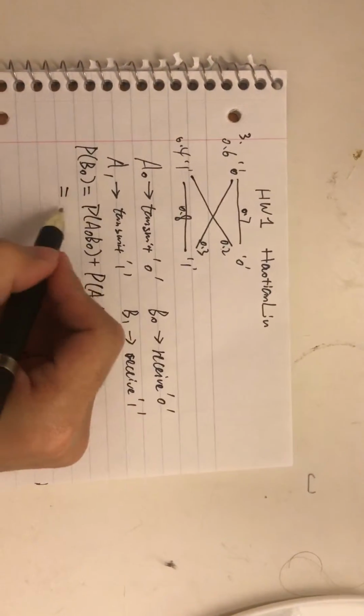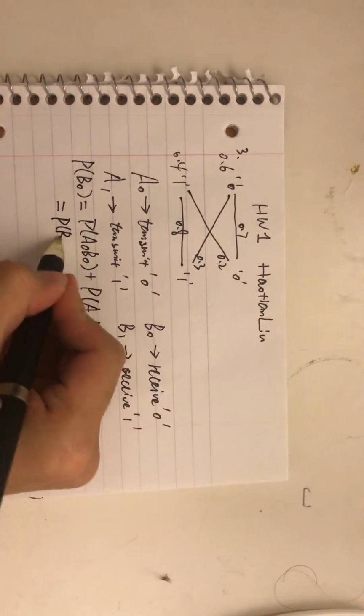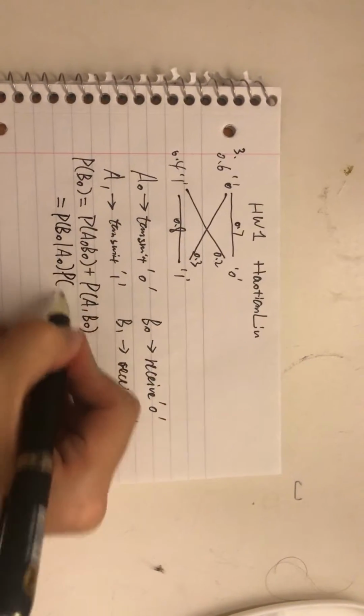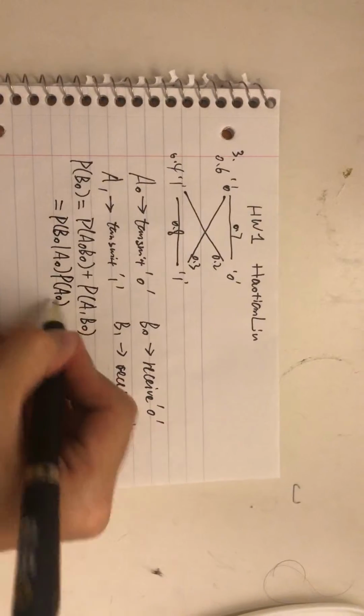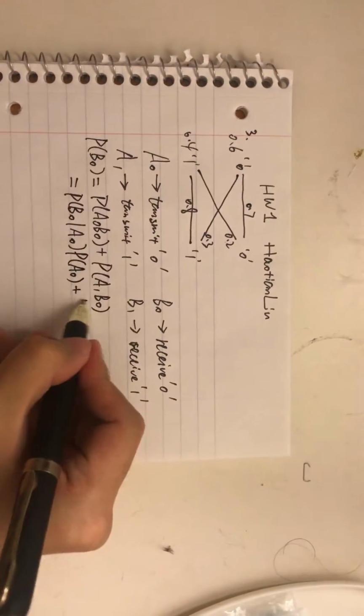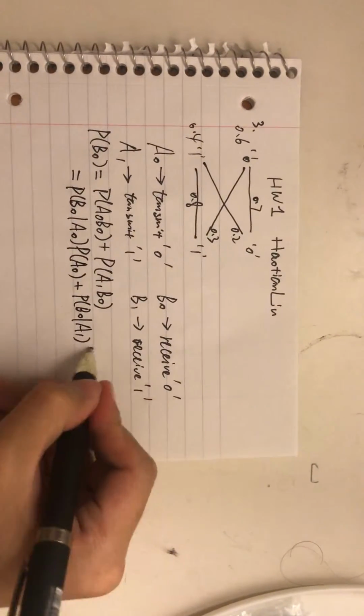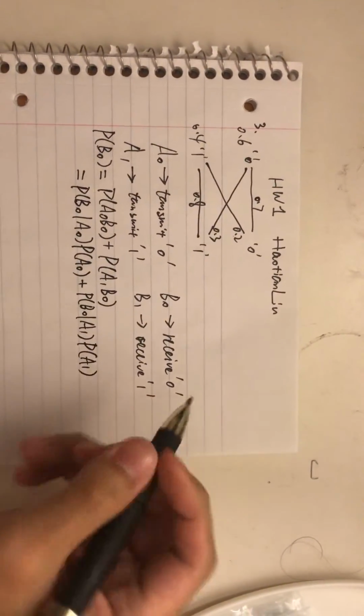So we use the definition of conditional probability, which is B0 given A0 times the probability of A0, and the other one is B0 given A1 times the probability of A1.